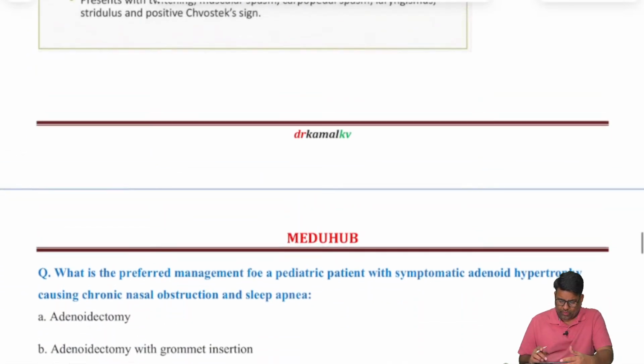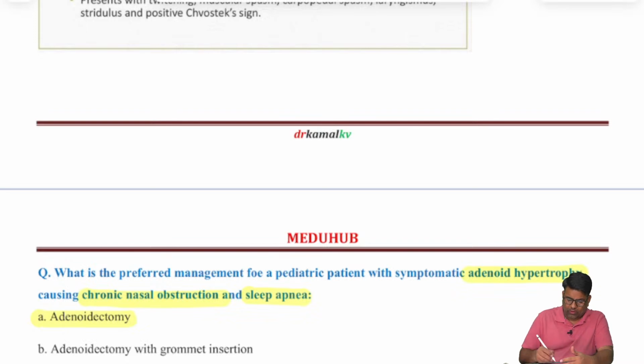Now, in a child, if there is adenoid hypertrophy, which is causing nasal obstruction and at times is causing sleep apnea, what will you do? If the adenoids are enlarged, they will block the nasopharyngeal airflow, and therefore we need to remove the adenoid. So adenoidectomy has to be done.